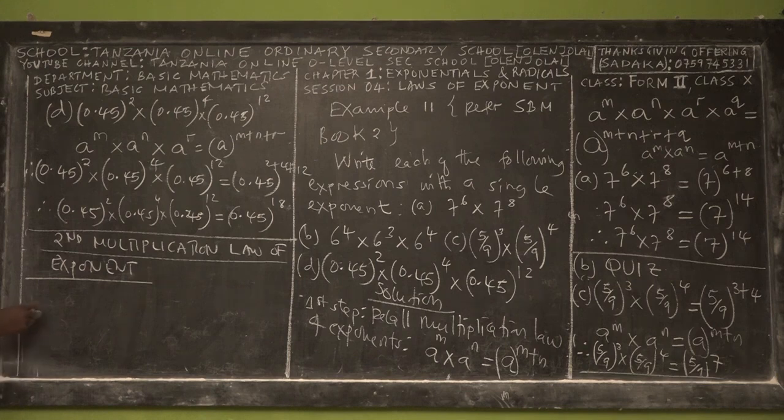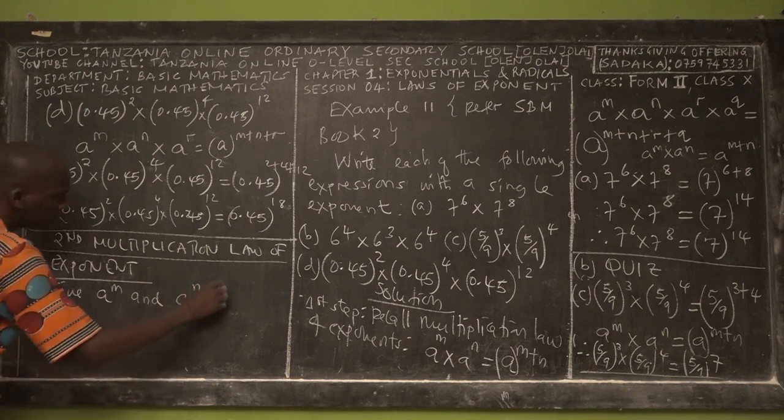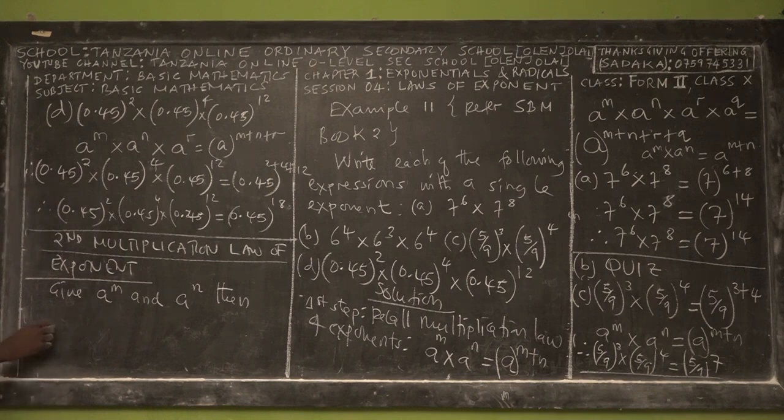So the second law, listen: given a power m, and a power n, when you have a power m in brackets, raised to n. The second multiplication law is that we have a first exponent in power form, then another exponent outside of the bracket.